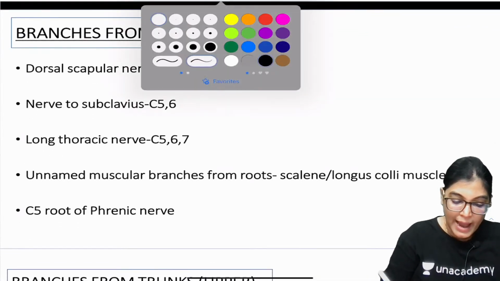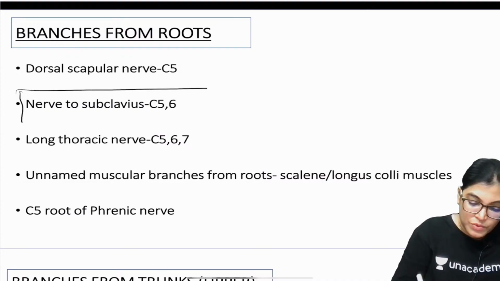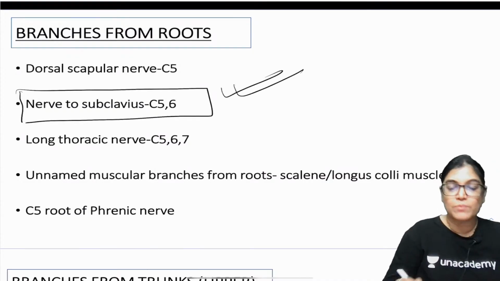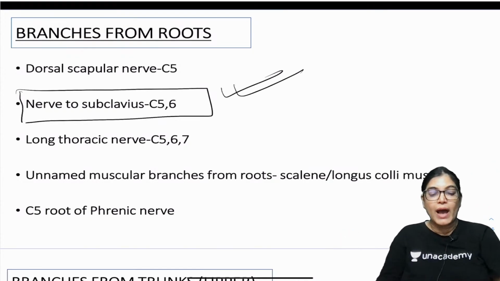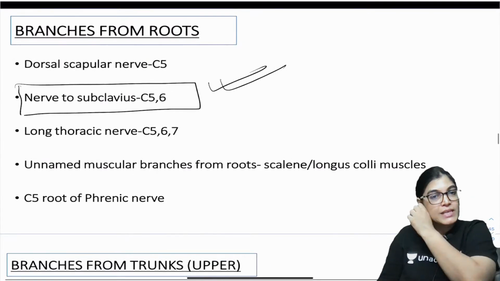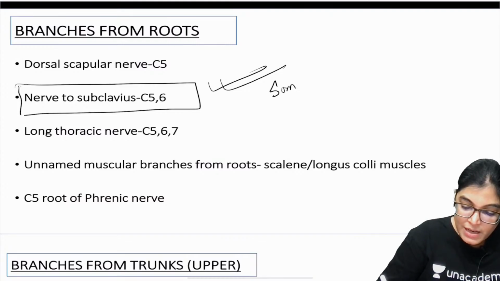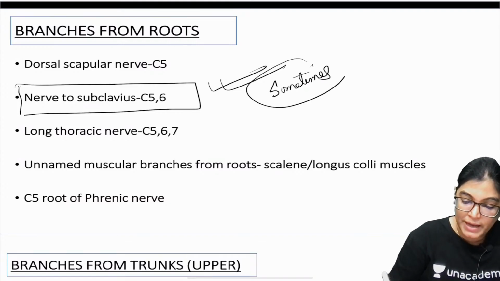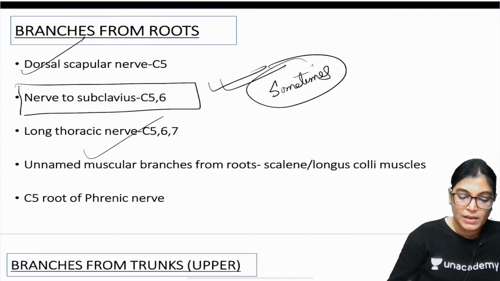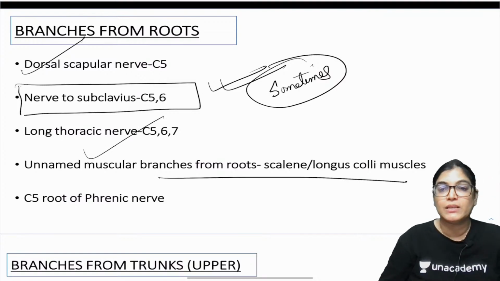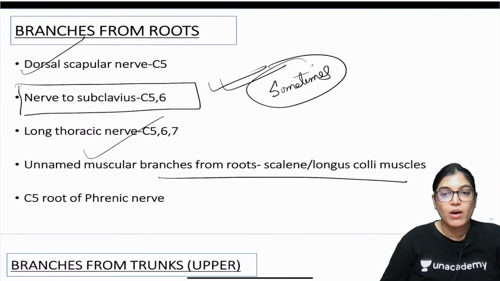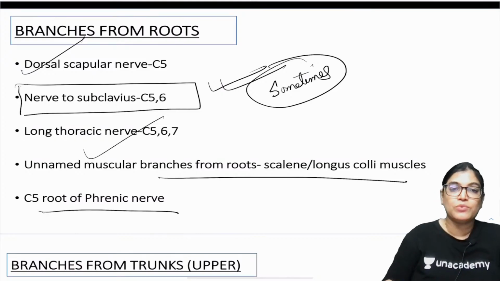See here, branches from the root. Sometimes, please note down, nerve to subclavius can also be a branch from the root. Not always, sometimes. Other branches are dorsal scapular, long thoracic nerve, some unnamed nerve from the scalenus and longus colli muscle, and C5 root of phrenic nerve.